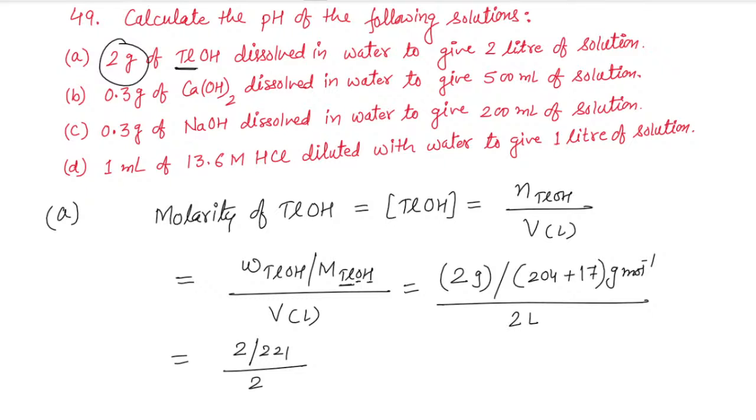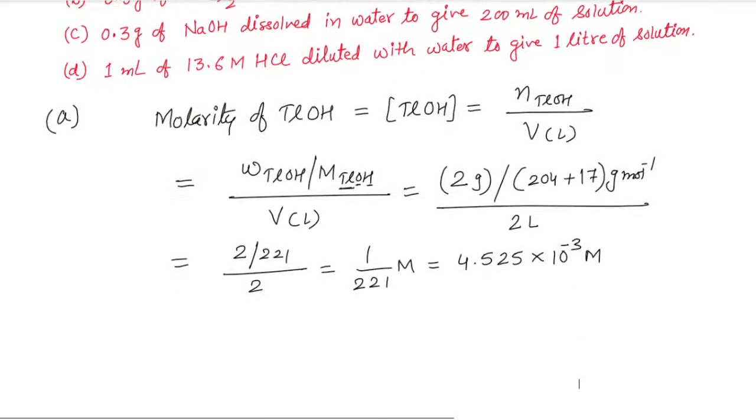So it is actually 1 upon 221 molar, that is 4.525 into 10 raised to power minus 3 molar. This is the concentration of thallium hydroxide.